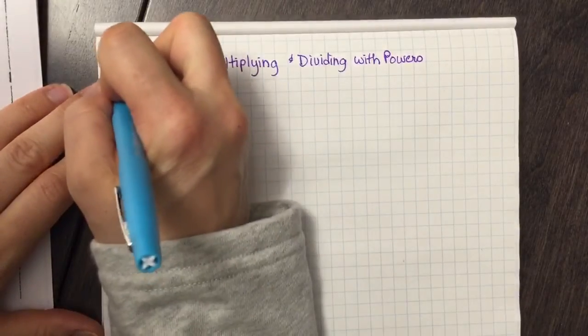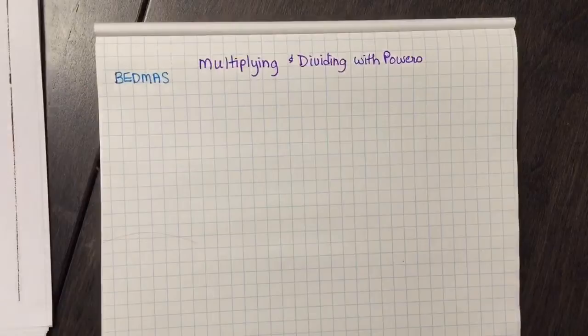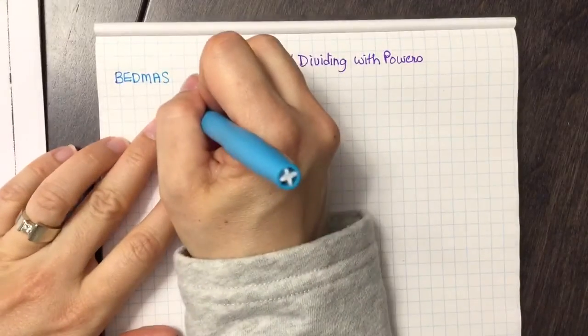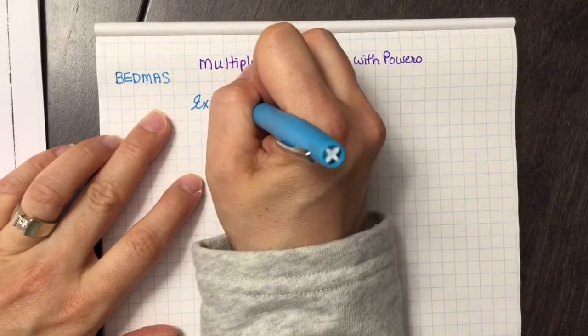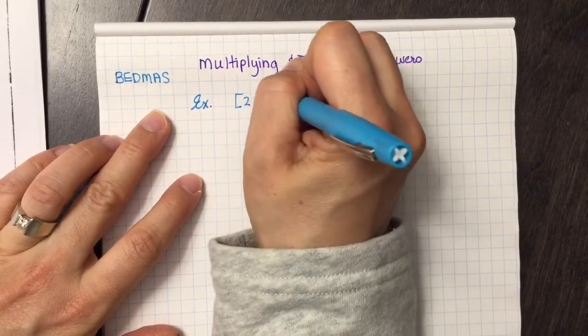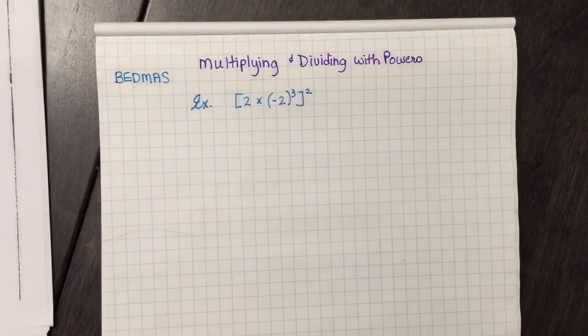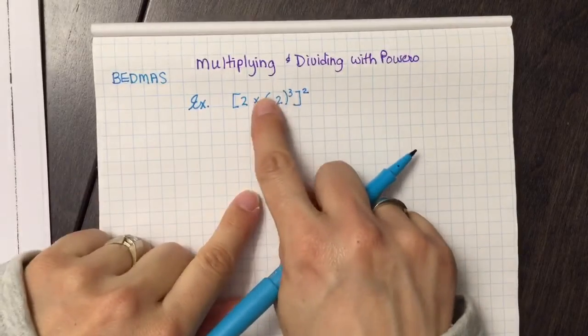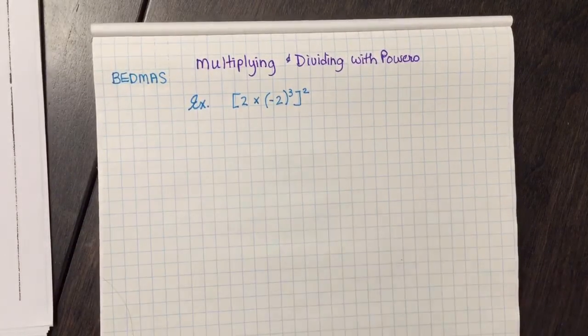So again, BEDMAS, B-E-D-M-A-S, okay? And for the first example on page 68, it has 2 times negative 2 cubed, close brackets, squared, okay?